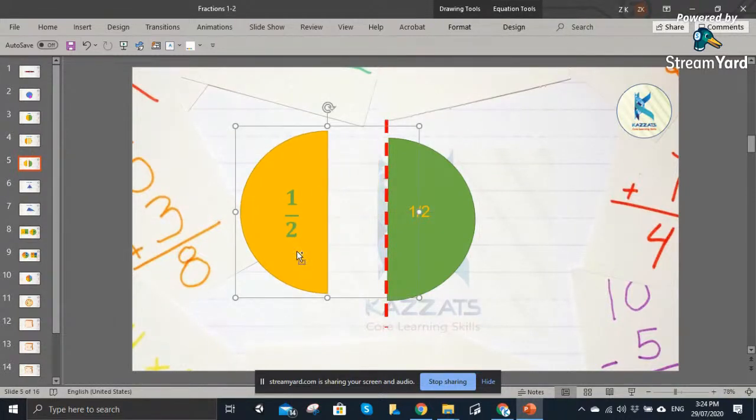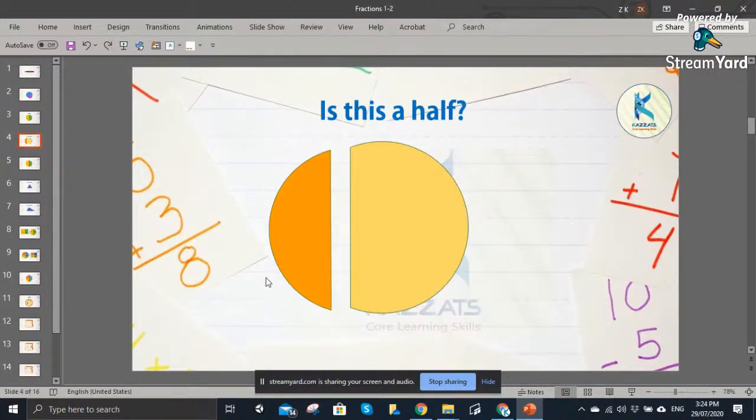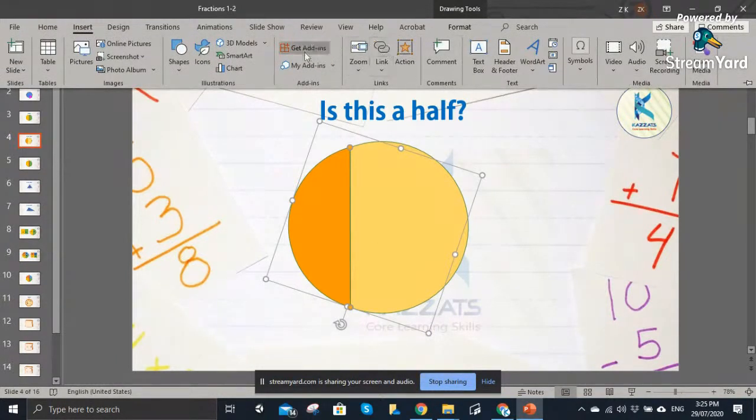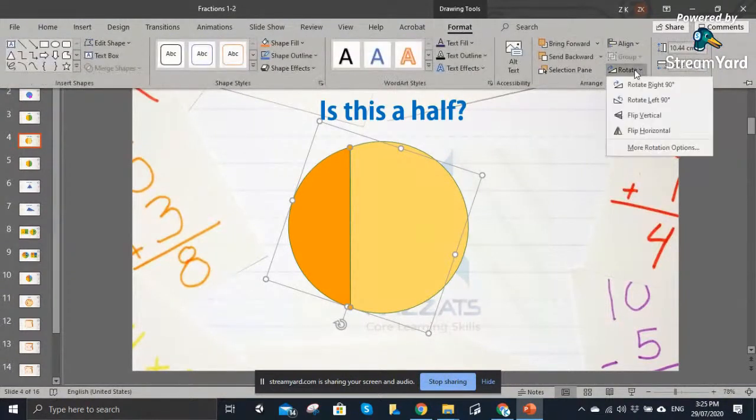If this line of symmetry is not proper, like in this diagram, when we convert it, it will not come on top of it. Let me see if I can show it to you with the help of my picture tools and rotation option.